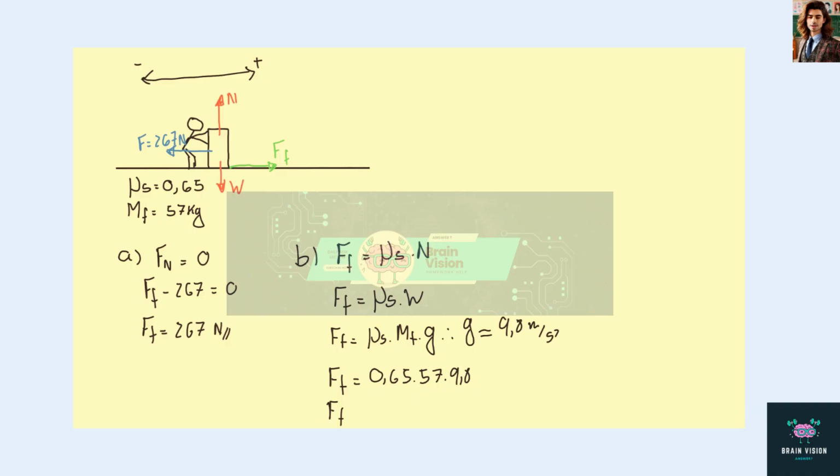And this gives us a maximum frictional force of approximately 360 newtons. So this is the maximum pushing force that can be exerted without moving the refrigerator. If we apply a force of 361 newtons, the refrigerator should start to move.